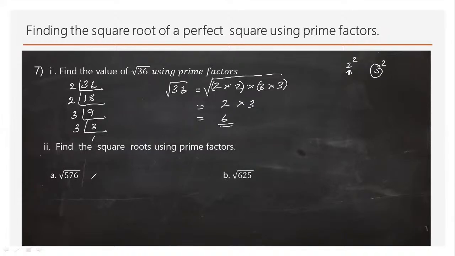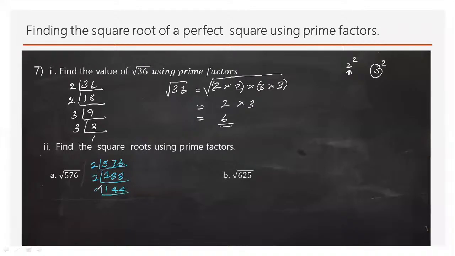Now we are going to find the square root of 576. I need a little more space, so I will start from here. 576 divided by the smallest prime number 2 is 288. Now again divide by 2, 144.